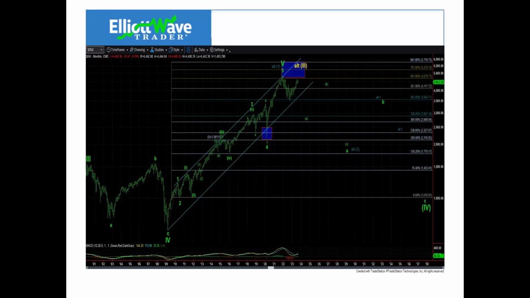How do I come up with that? Well, normally a fourth wave will often target the fourth wave of one lesser degree. And if you remember, I just showed you that the fourth wave we saw between 2000 and 2009 bottomed at 666. So why don't I use that as my target?